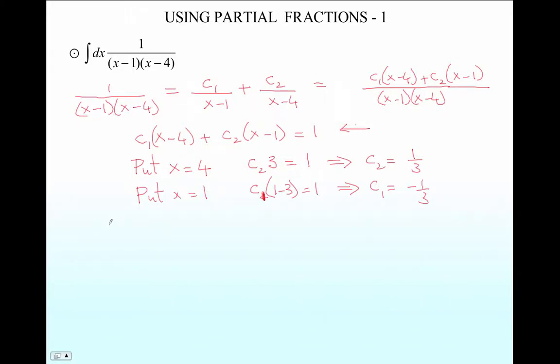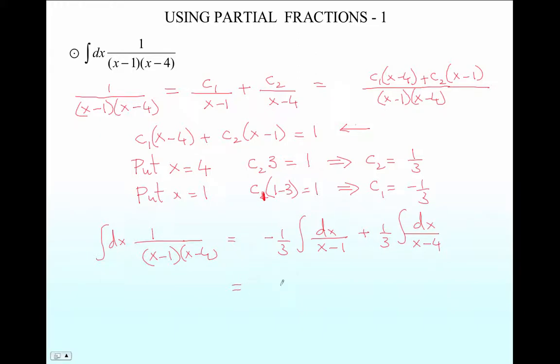Well, now it's all very simple, because if I have the integral dx of 1 over x minus 1 into x minus 4, then obviously this is minus 1/3 of the integral of 1 over x minus 1, plus 1/3 of the integral of 1 over x minus 4.